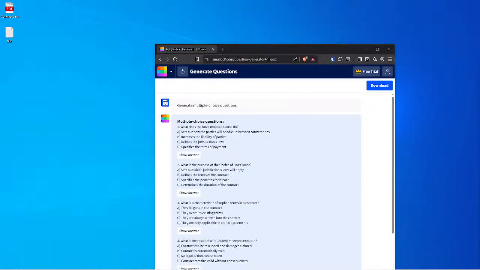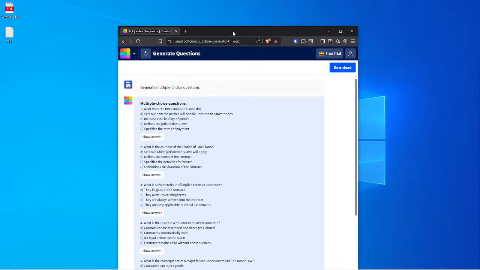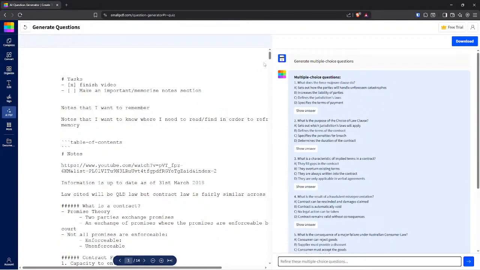Cool. Okay. So what I really should do is skim read the thing and then try the test, but that's fine. This way we can look things up and it'll be a more fun way of revising. What does force majeure clause do?